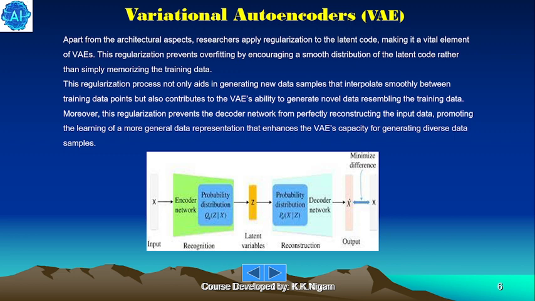This regularization process not only aids in generating new data samples that interpolate smoothly between training data points but also contributes to the VAE's ability to generate novel data resembling the training data. Moreover, this regularization prevents the decoder network from perfectly reconstructing the input data, promoting the learning of a more general data representation that enhances the VAE's capacity for generating diverse data samples.